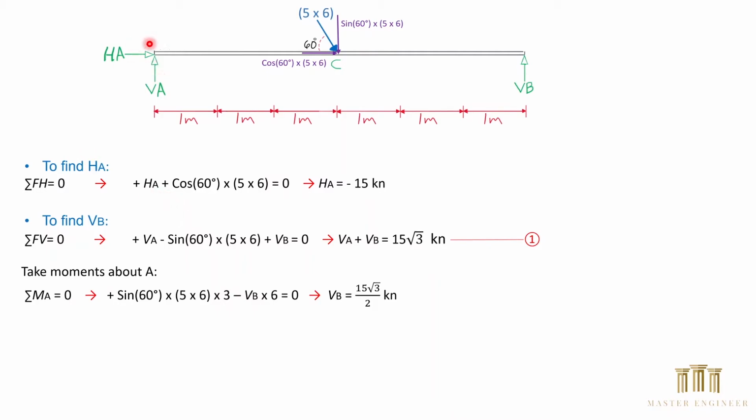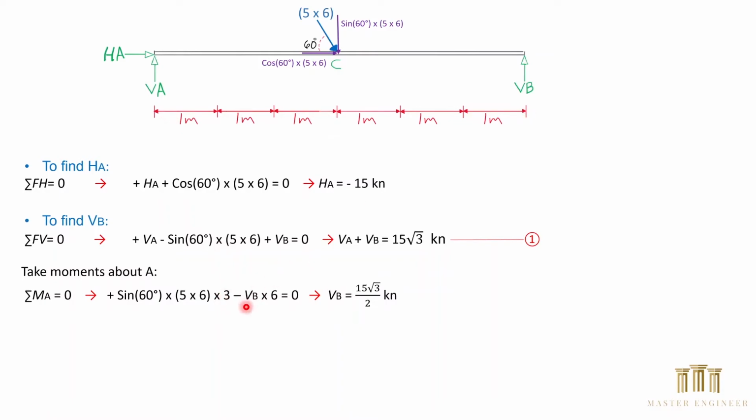We take a moment about A. The sum of all moments at A equals 0. We have the vertical component acting clockwise, therefore positive, and that is sine 60 multiplied by 5 multiplied by 6 multiplied by this distance, which is acting right here, 3 meters.